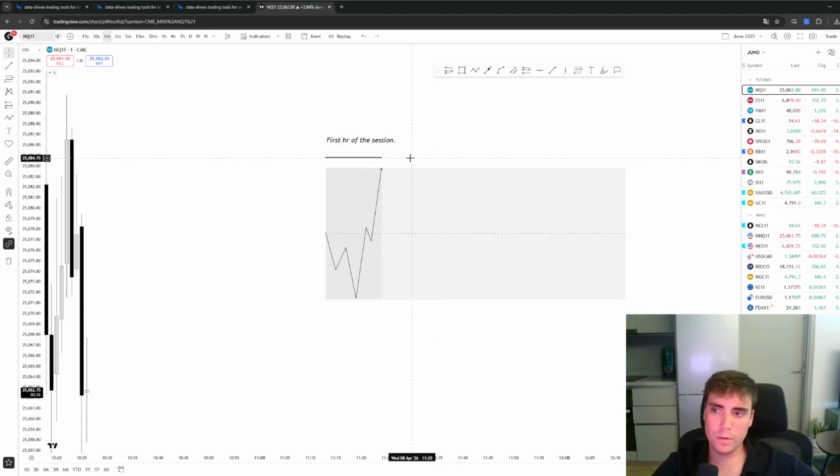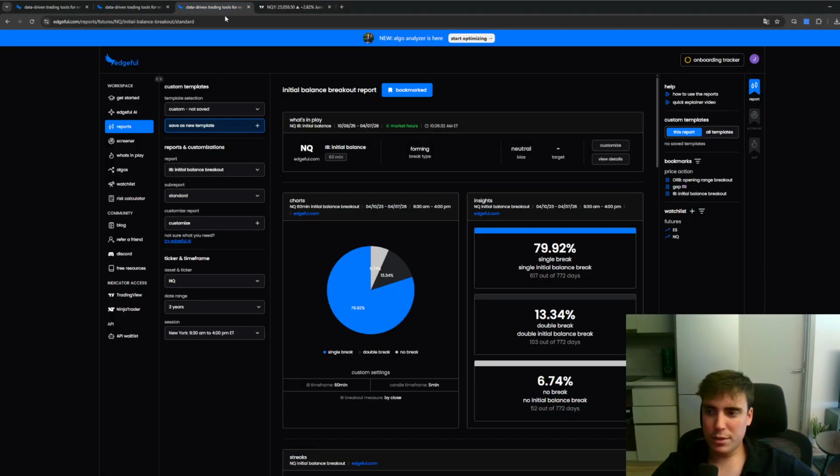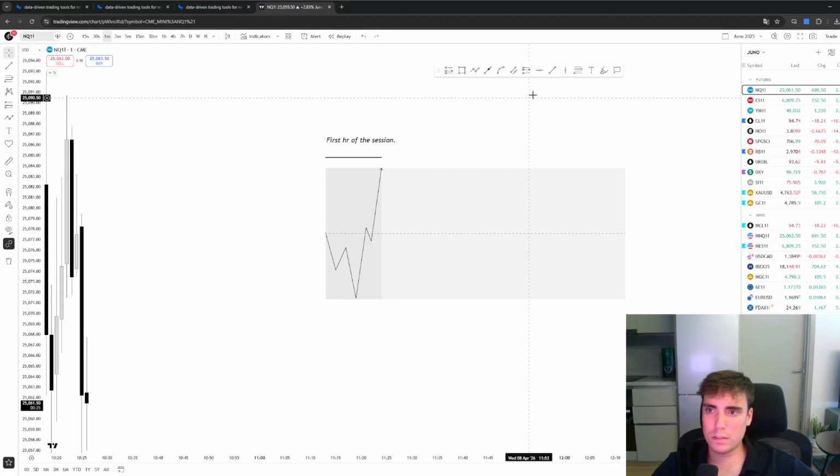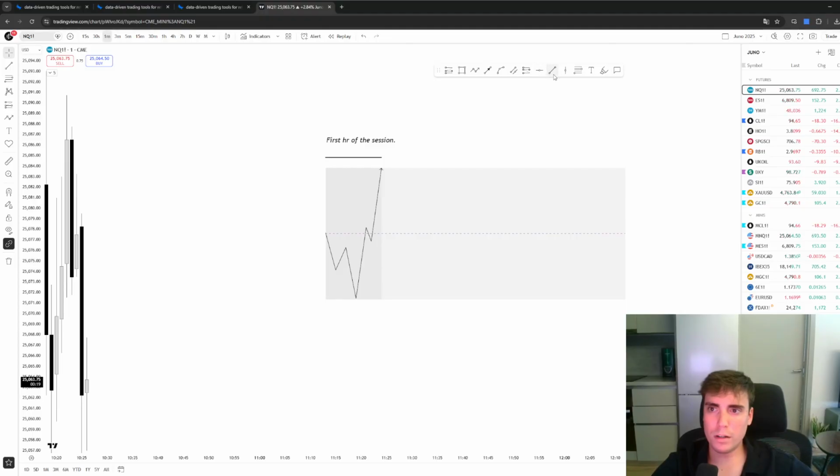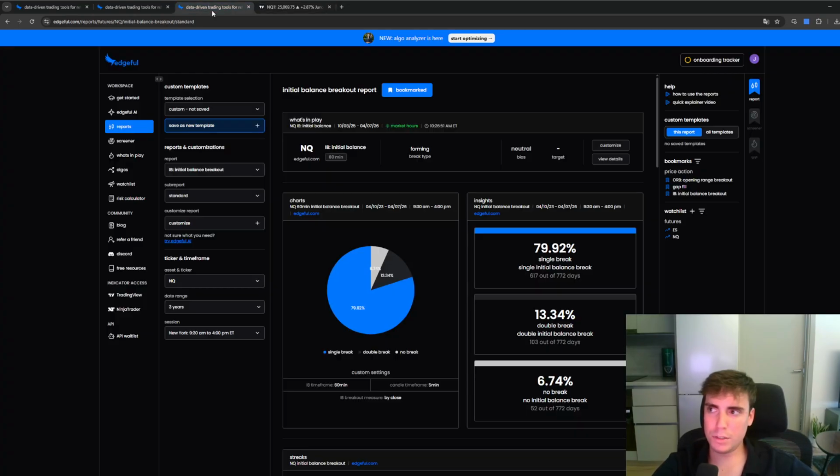Then what you want to do is check whenever price breaks one side or another, and then check the statistics, because what this does is tell you how likely we are to break to the upside, for example, and how likely price is to come back to the low of the initial balance.